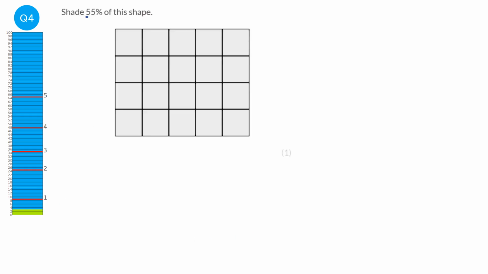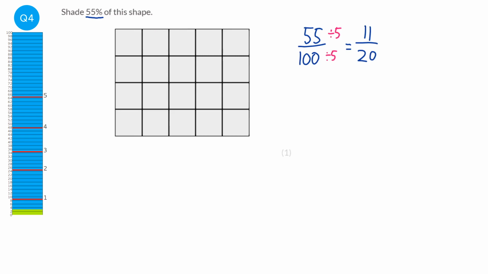So 55% is the same as 55 over 100. And what I can do is divide top and bottom of the fraction by 5. And so that is going to equal 11 over 20. Now in total there are 20 squares here because there's 5 across and 4 down. 5 times 4 is 20.